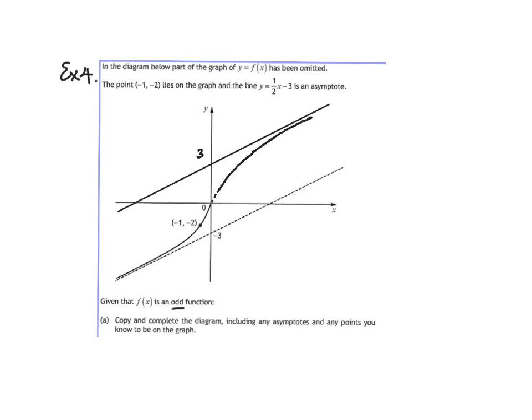That would complete the diagram to show half-turn rotational symmetry, or 180 degree rotational symmetry about the origin. So we've included the asymptote, and this point would have coordinates 1, 2, and we might want to put in the equation. We know that this one is y equals 1/2 x minus 3, so this one will be y equals 1/2 of x plus 3.